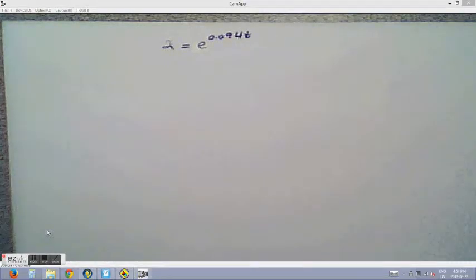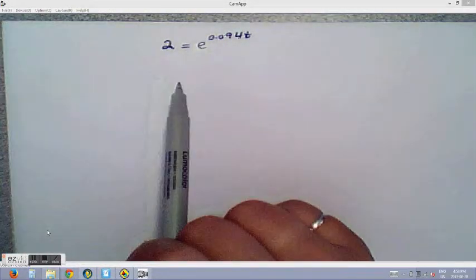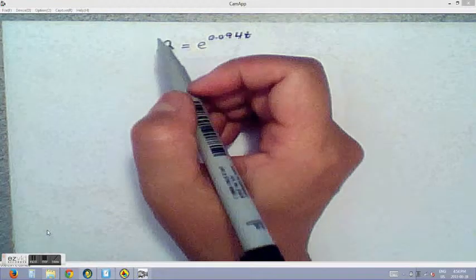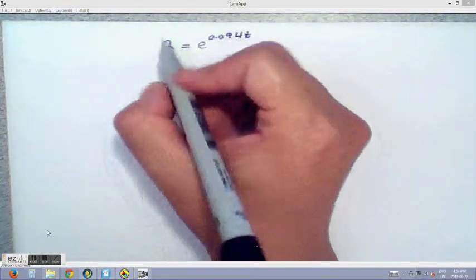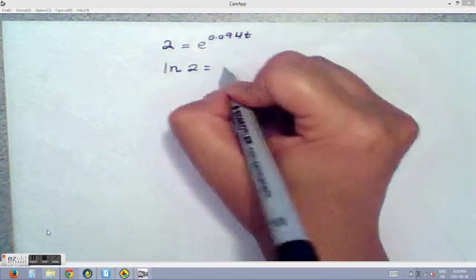Now, I always use ln. I don't even bother with logging both sides. In university, you're going to see quite a bit of the ln and e function. So you can get used to seeing it now. So we can ln both sides. By doing it to both sides, you're not actually changing the equation.